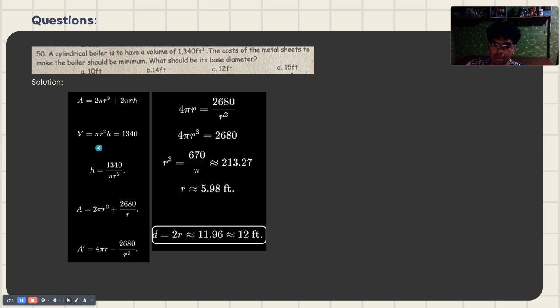And then V is equal to pi r squared h, which is our volume, which is 1,340. So h is equal to 1,340 over pi r squared.